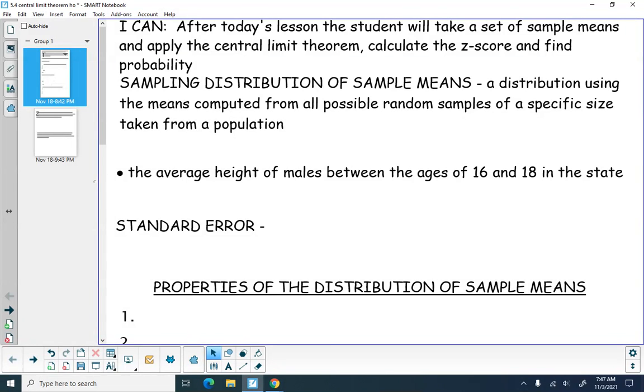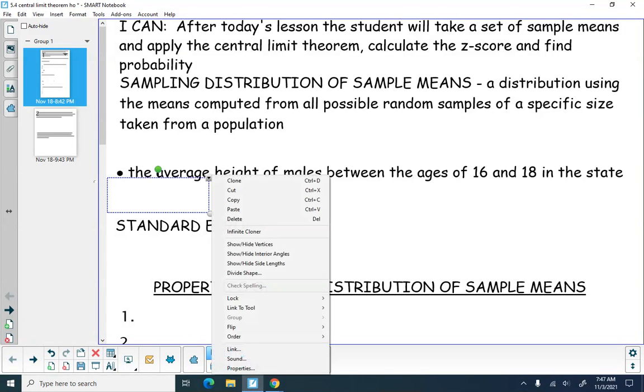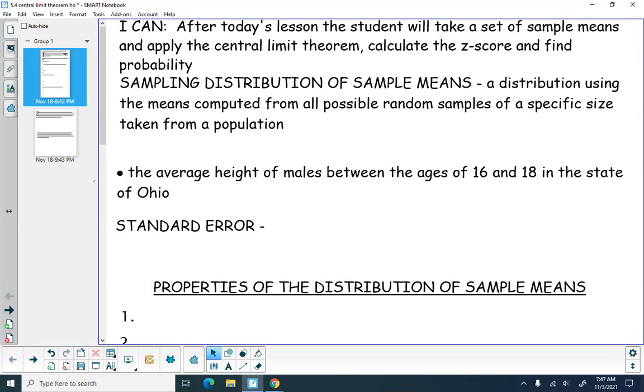It is not impossible, but it's very difficult for one person or a couple people to go around the entire state of Ohio to measure the height of all 16 to 18-year-olds, to deal with the entire population.